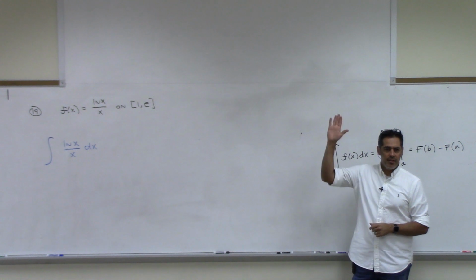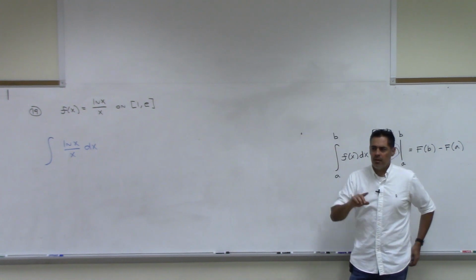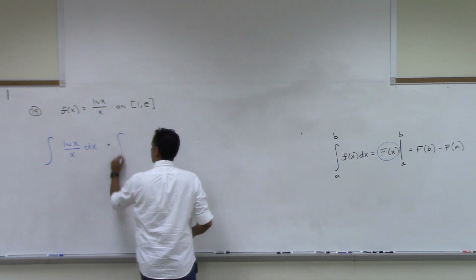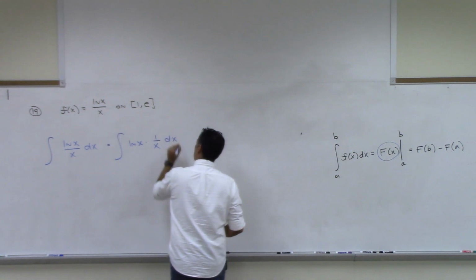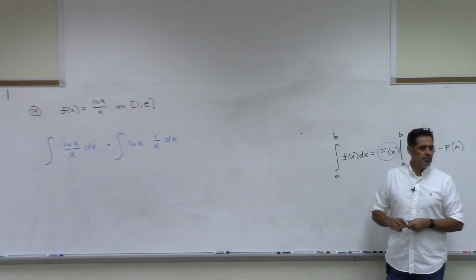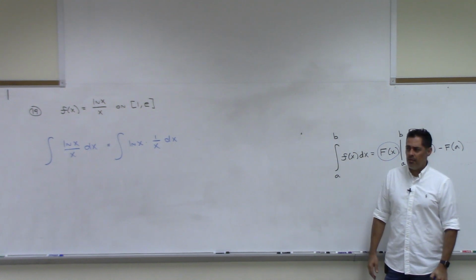How many of you see something and its derivative? A couple of people? Okay, let me rewrite it. Now, how many of you see something and its derivative? Did that help at all, writing it that way?